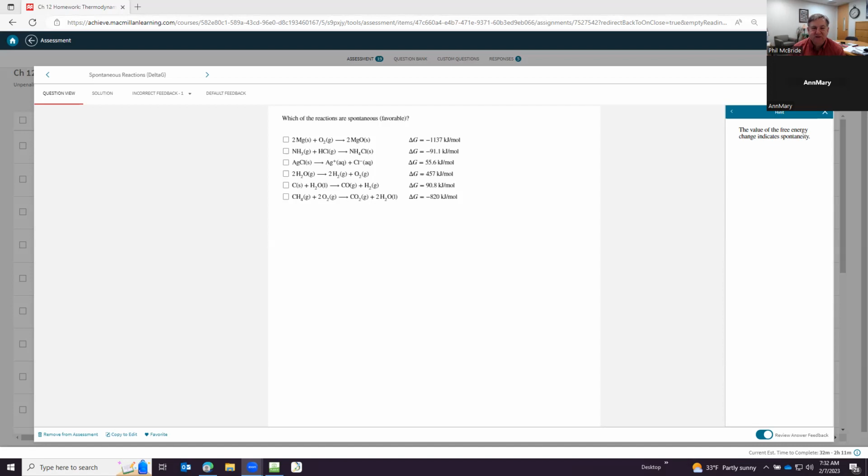What's the delta G of the third one? Oh, I thought it was a negative. Is the first 2 negative? The first 2 are negative, yes. Sorry, I don't know how to make the screen bigger. And is there a negative for the last one?